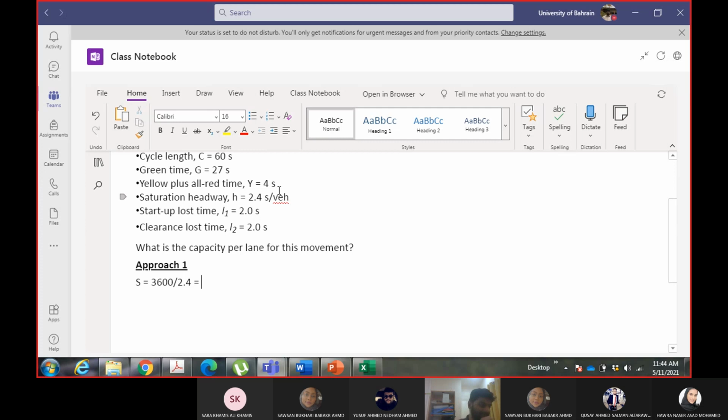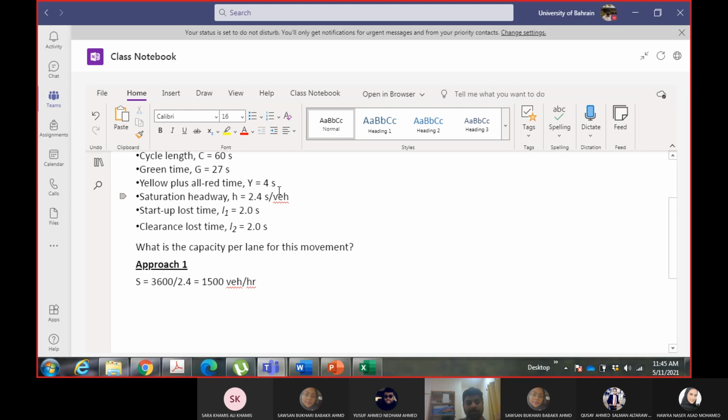How much is this? 1,500 vehicles per hour. Now I told you earlier you can achieve saturation flow rate in an hour if the signal remains green for 1 hour. It is not possible.